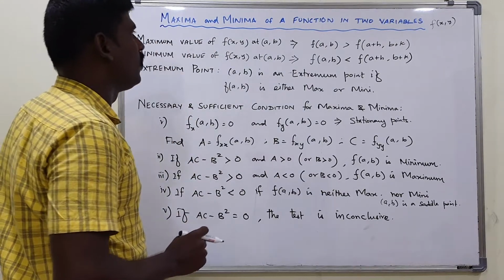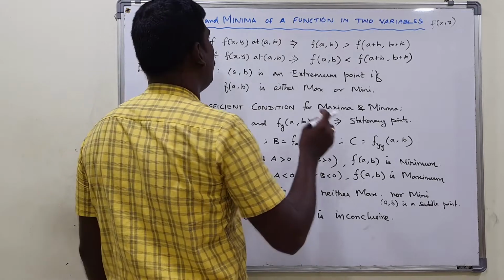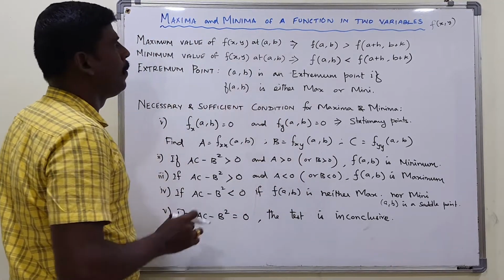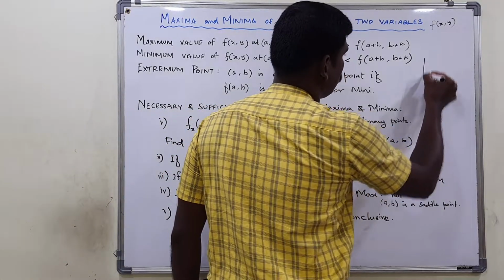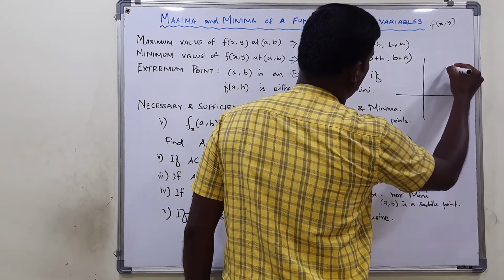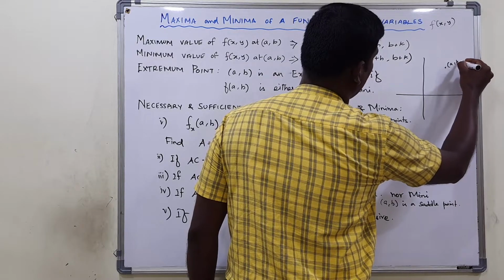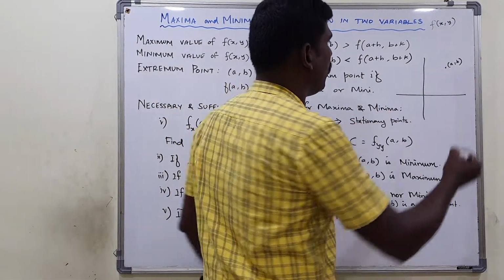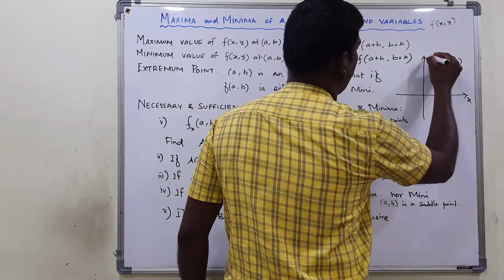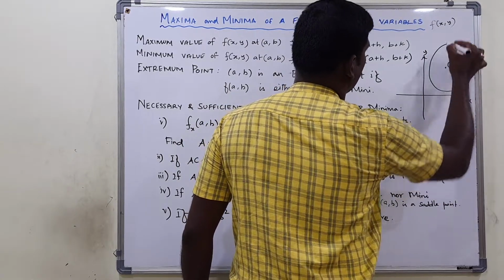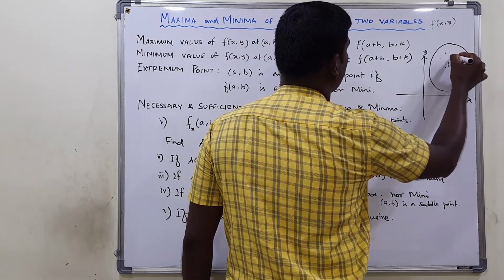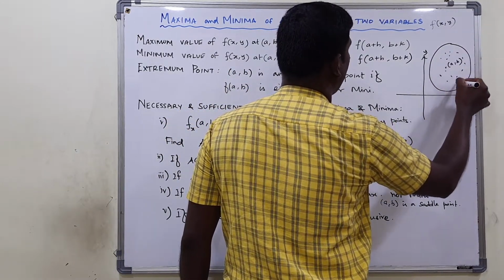Maxima value of f of x comma y at a comma b. When we say that f of x comma y takes maximum value at a comma b, consider a graph, mark a point a comma b. Suppose f of x comma y takes maximum at this point a comma b, then there exists some neighborhood of a comma b, the point a comma b, all the points inside the neighborhood.